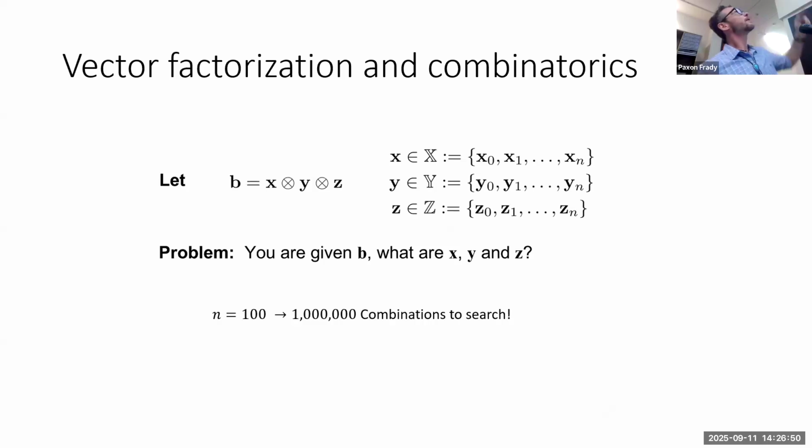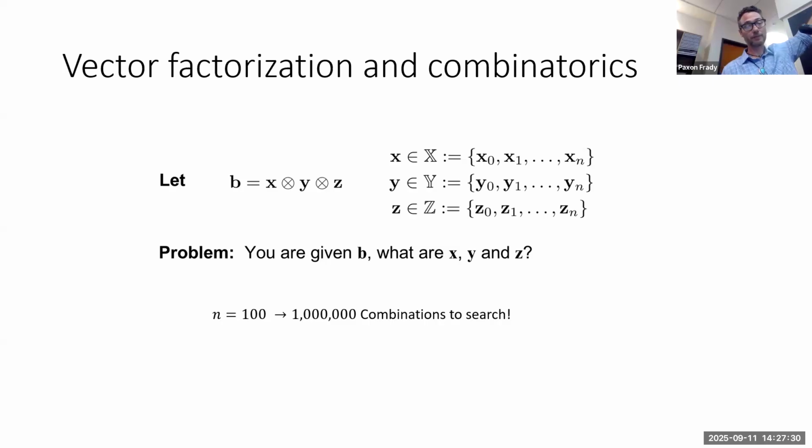One thing we come to often is this situation where we are stuck with a vector B, and we know that it's the product of some X, Y, and Z, but we don't know specifically which X, which Y, or which Z. We know that each is one of, say, 100 potential vectors in a codebook. The big X is like a big matrix of random vectors, and one of those vectors is the X in our B. So the question is, what are X, Y, and Z if we're given B and the codebooks?